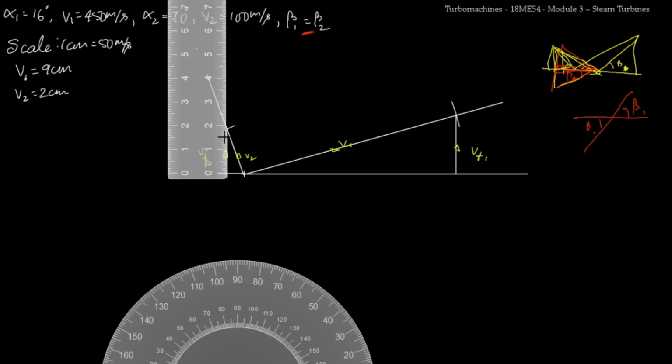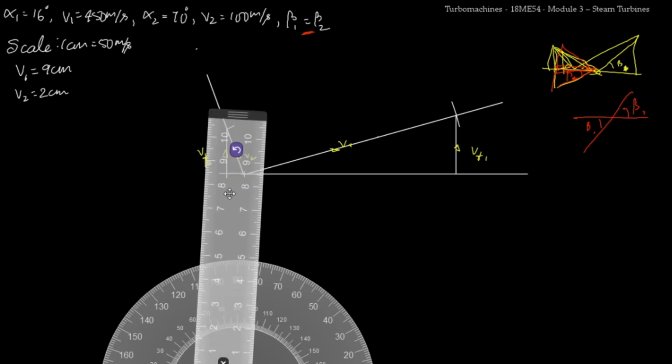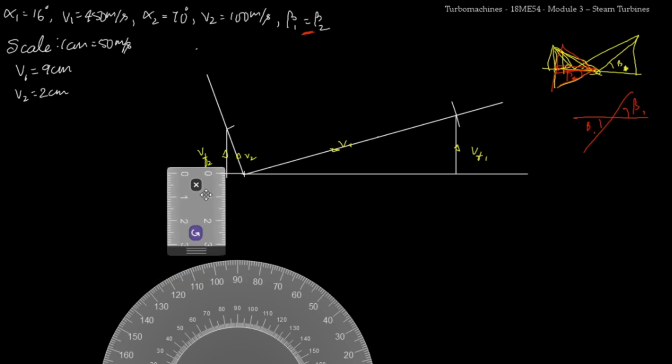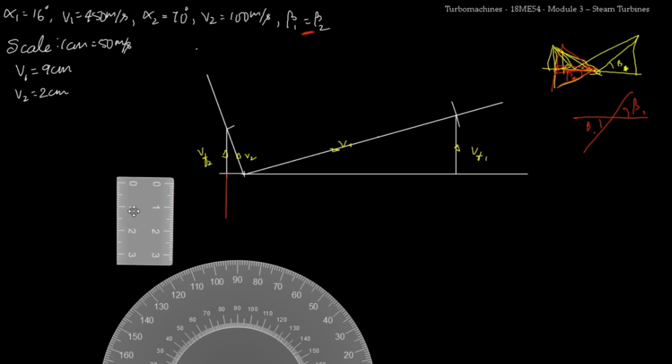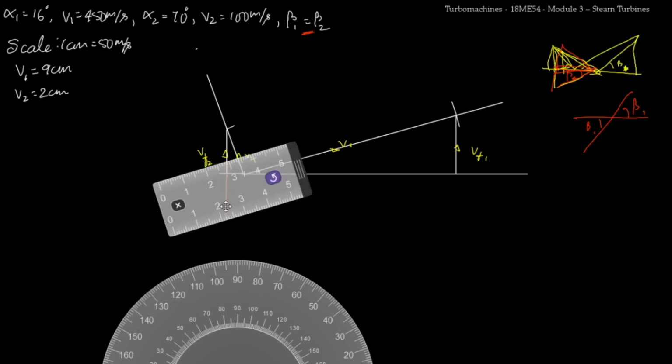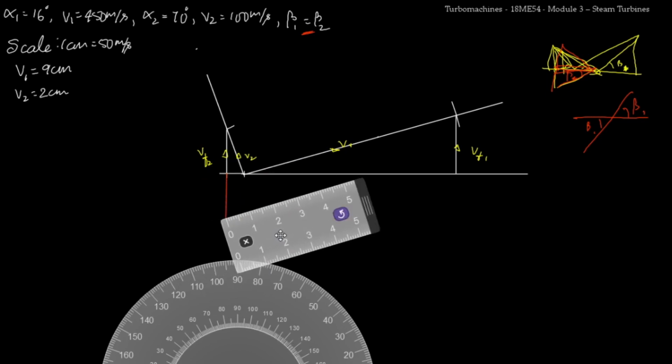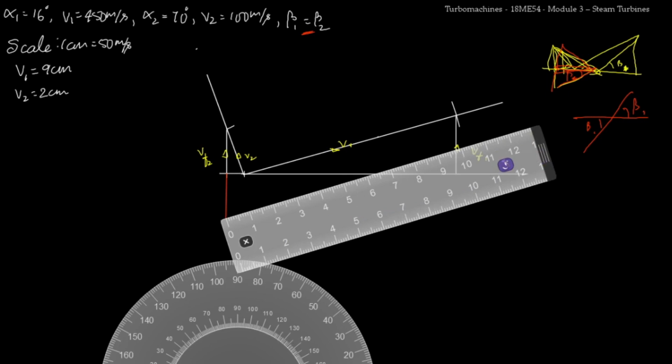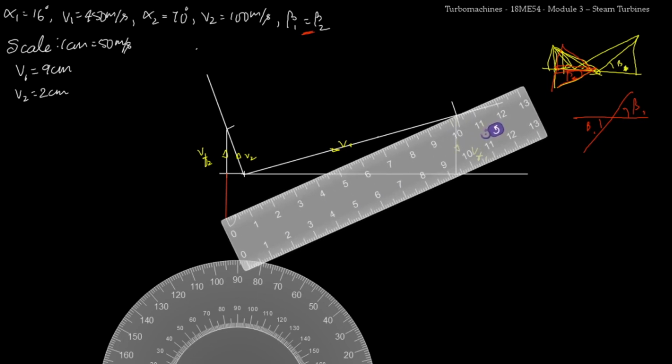So now the height of VF2 is around 1.9 centimeter. So I'll take that for a length of 1.9 centimeters. So now I have drawn a line here. Now what I'll do is I'll just simply keep the scale here and I'll extend this and I'll bring it to this point.